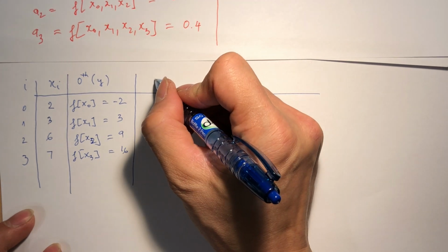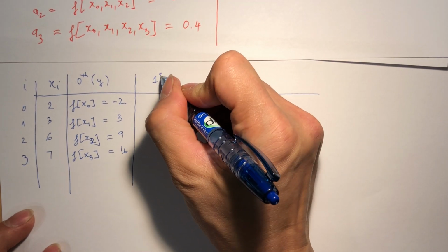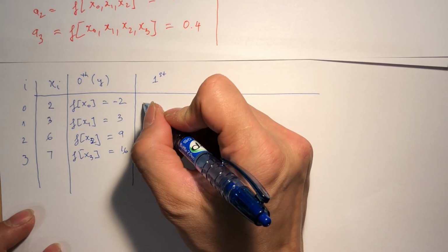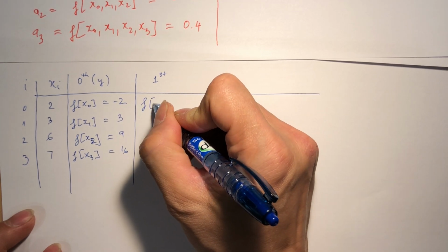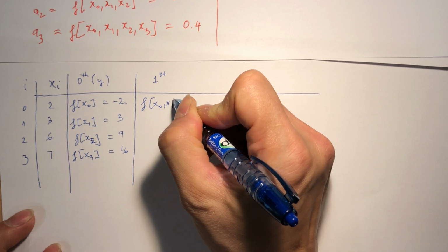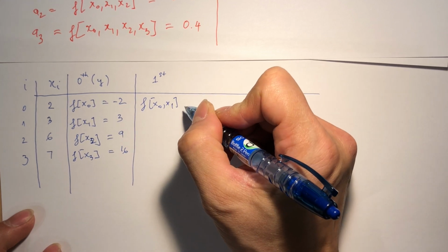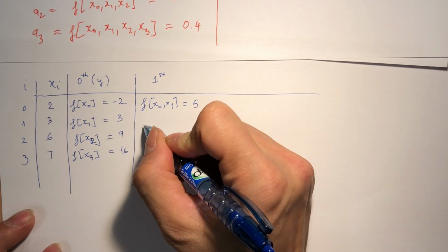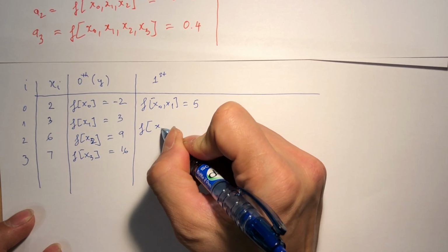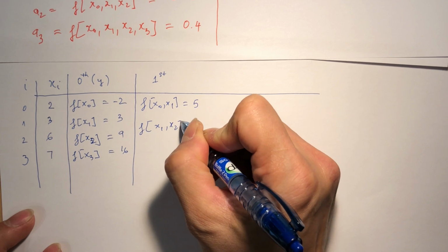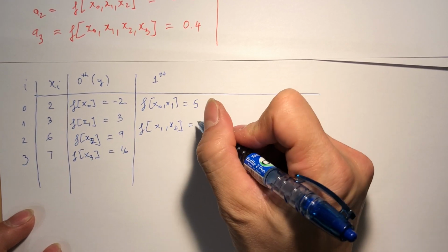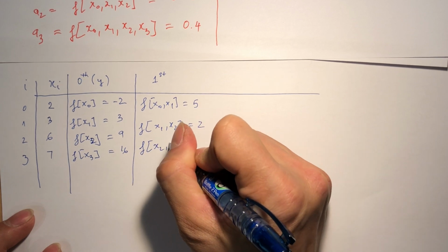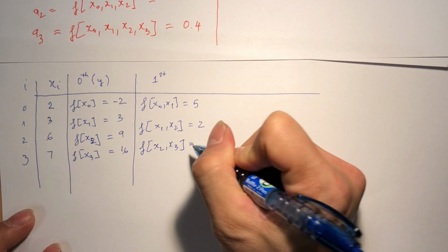The first derivative, we got what? f[x0, x1] equals 5. f[x1, x2] equals 2, and f[x2, x3] equals 7.